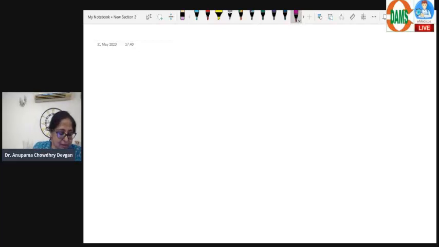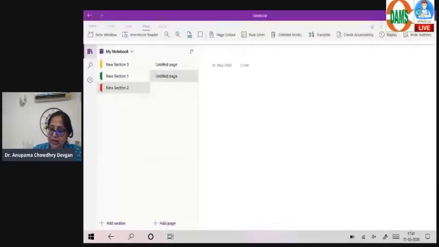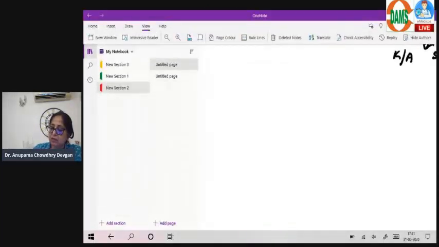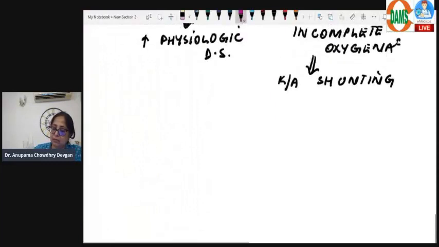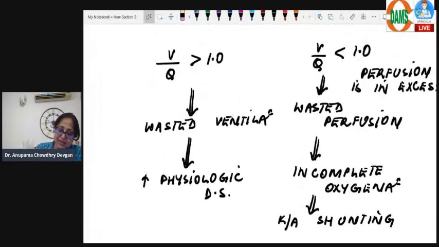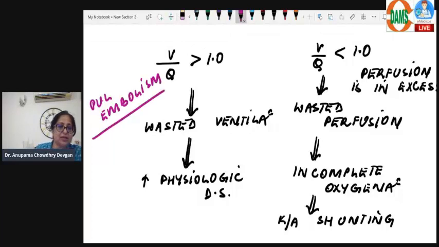Physiologic dead space is 1/3 of tidal volume. VQ ratio more than 1, like I said, for example pulmonary embolism. VQ ratio will increase.